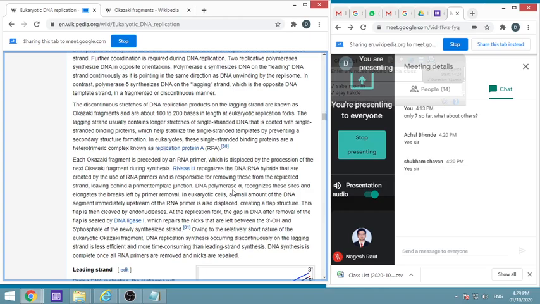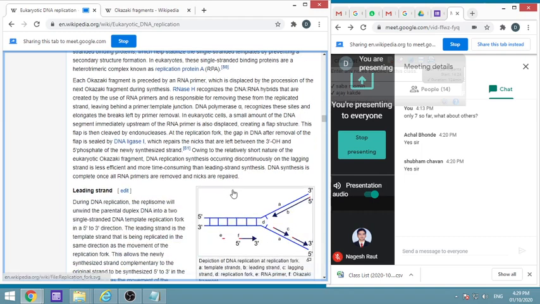Now this is very important, in what sense? These Okazaki fragments are made in pieces, and while they are made, some initial and end portions have to be removed, and then they are connected together with enzymes.